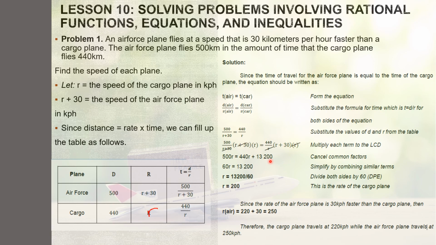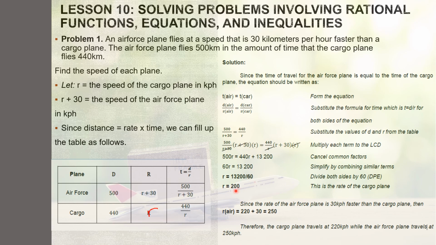That is 13,200. Next, we subtract both sides by 440R to move the 440R to the left. 500 minus 440 is 60R equals 13,200. We divide both sides by 60 to remove the 60 beside R. R equals 13,200 over 60.